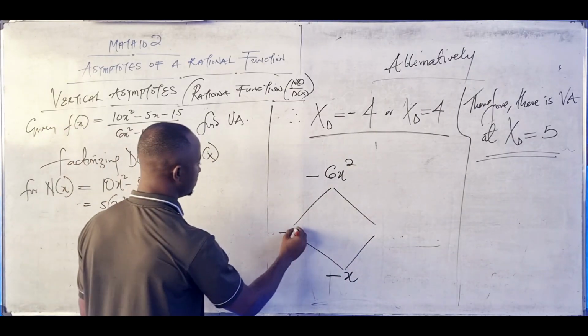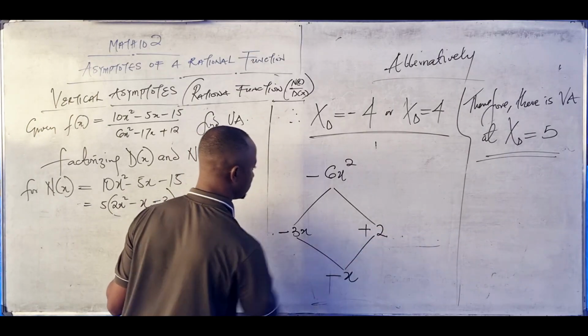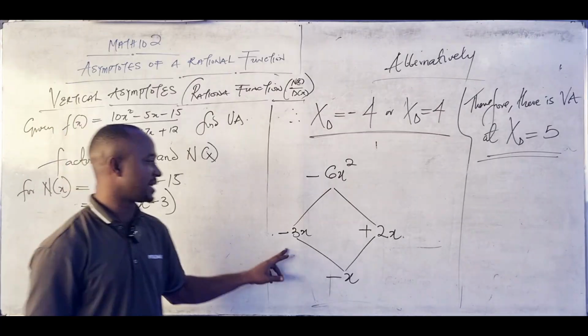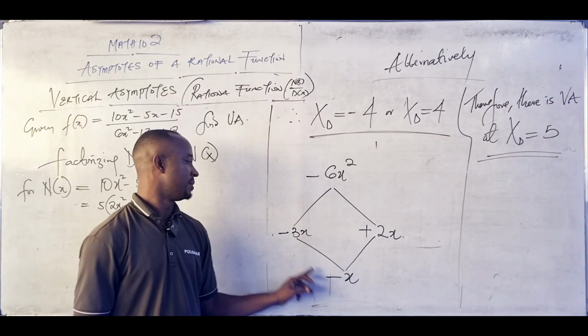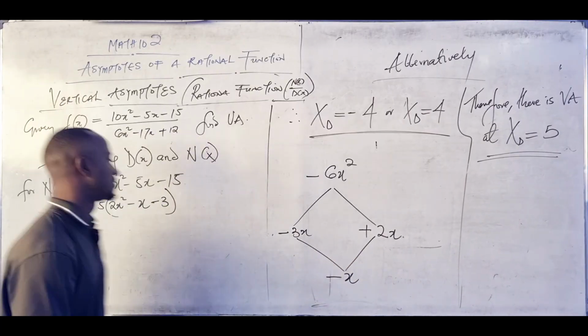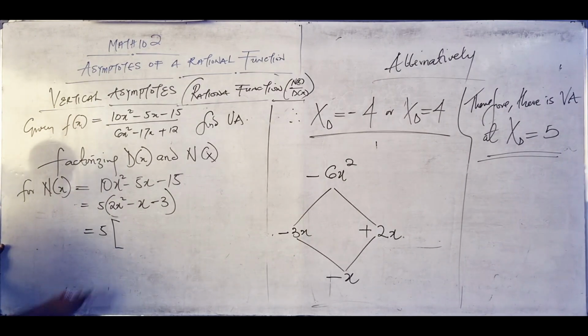Minus 3x and plus 2x. Minus 3x times plus 2x is minus 6x squared. Minus 3x plus 2x is minus x. So I can replace them with 5 in brackets.